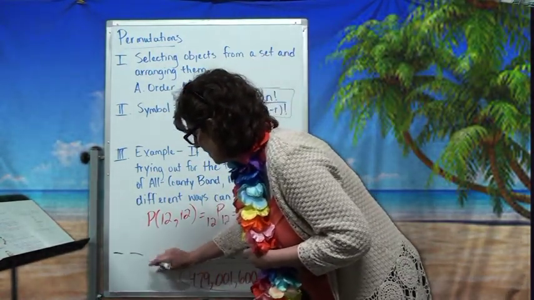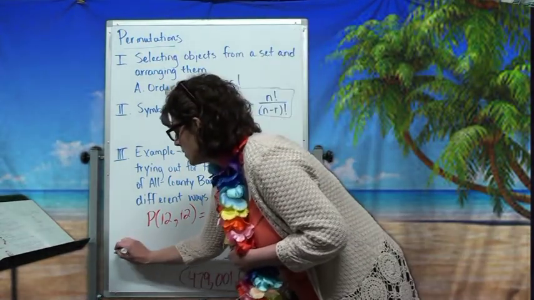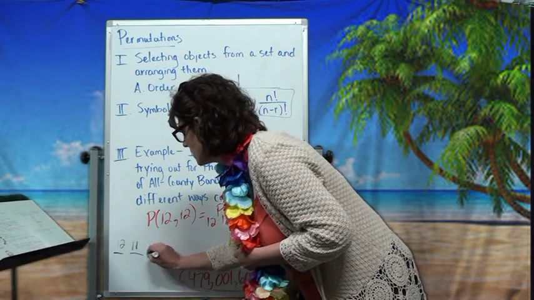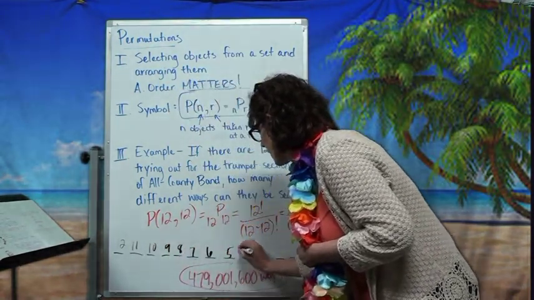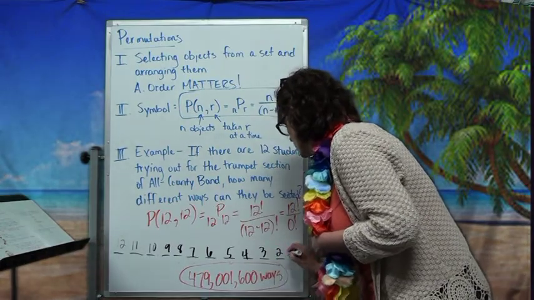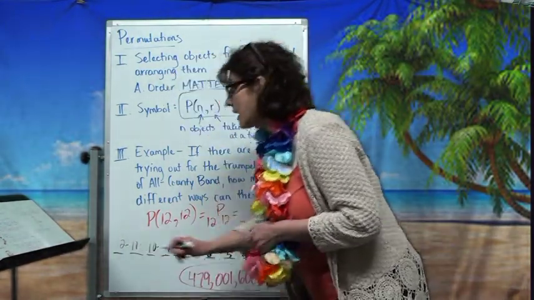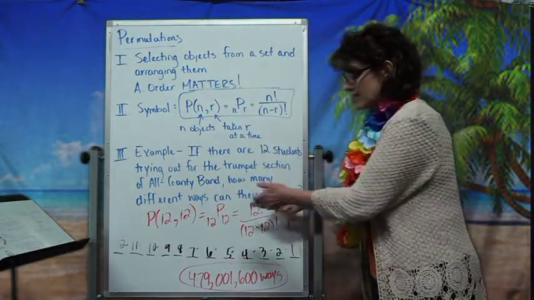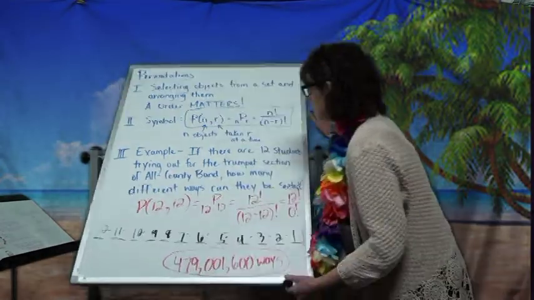Let's shrink it up a little bit. There we go, there's 12. And I can put 12 here, 11 here, 10 here, 9, 8, 7, 6, 5, 4, 3, 2, and 1, and multiply all those numbers together, which is exactly what I just erased. It's the exact same thing.